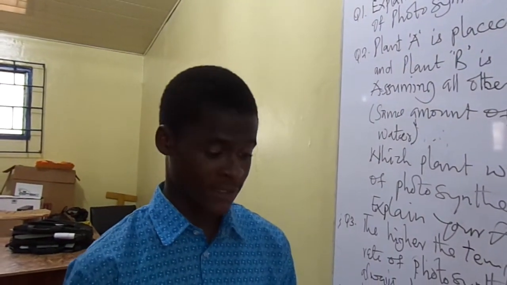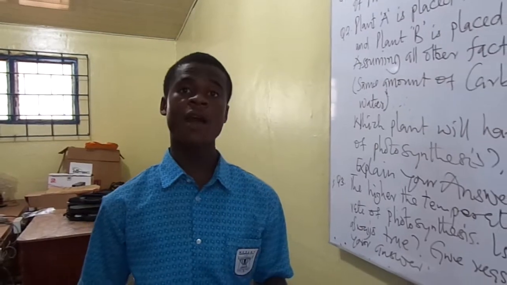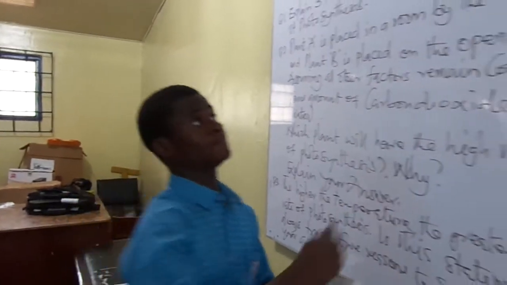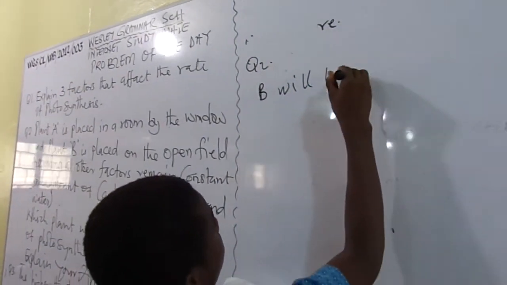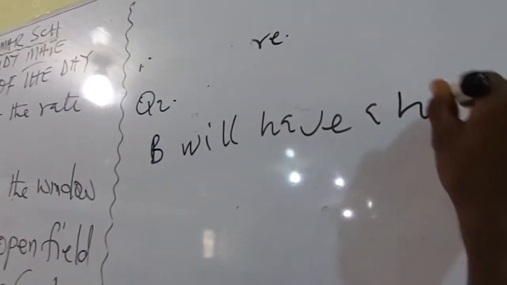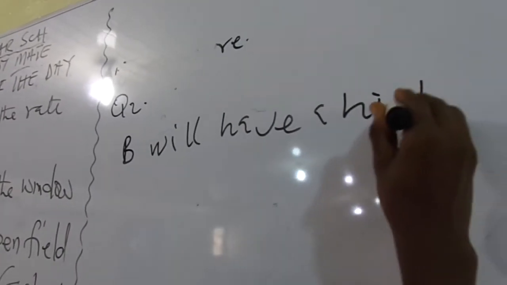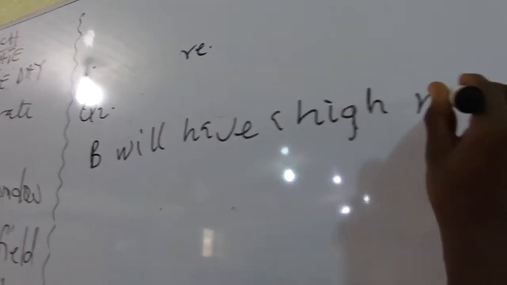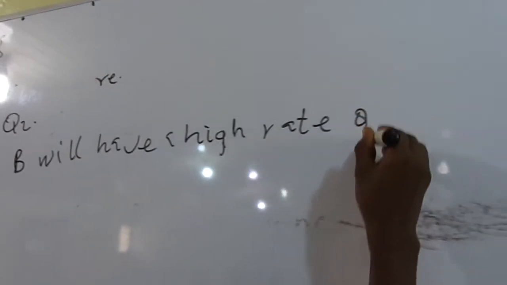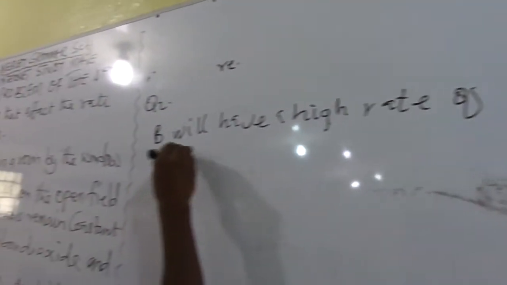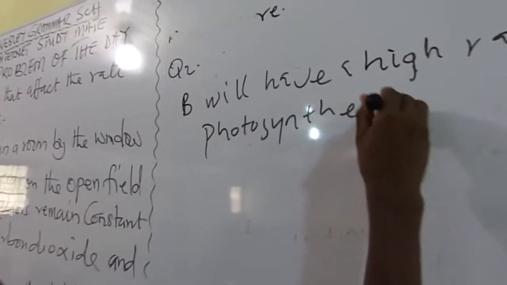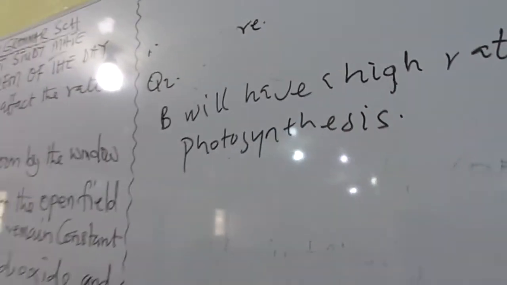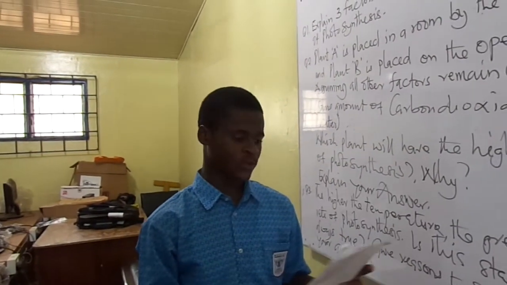Why? Explain your answer. B will have a high rate of photosynthesis.